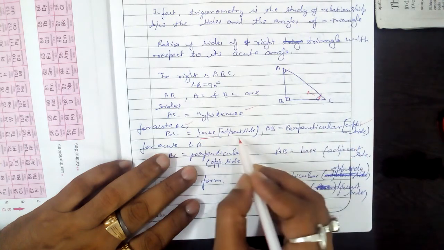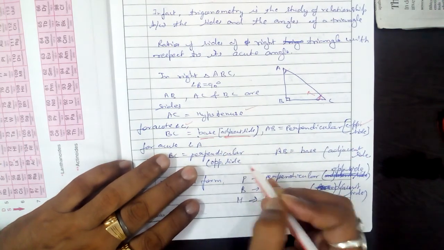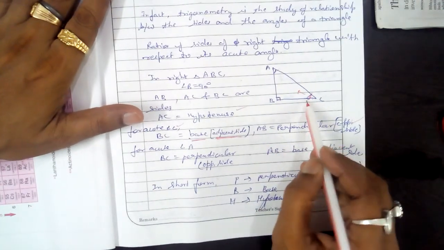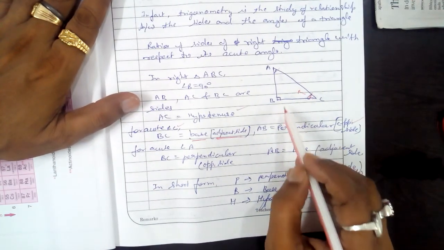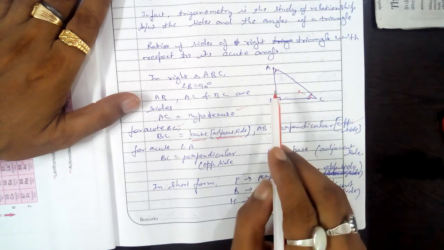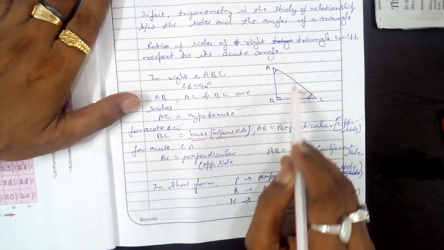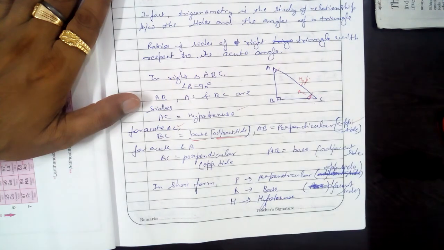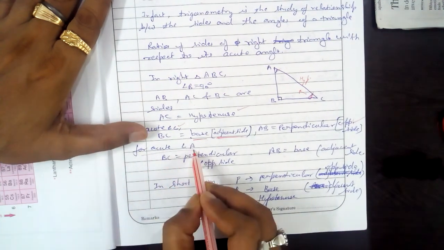Base is also called the adjacent side. In the book you will find it called the adjacent side and the opposite side. Here, the side opposite the 90 degree angle is always fixed, which is the hypotenuse at all times.